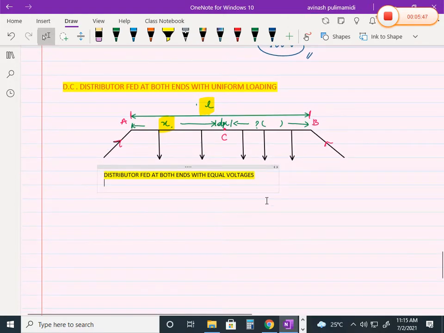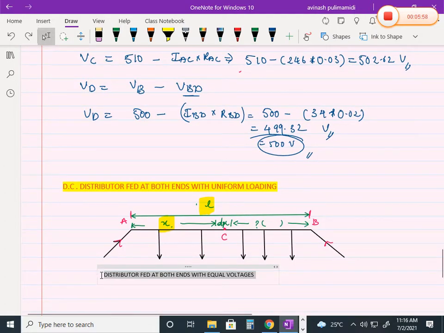Distributor fed at both ends with equal voltages. So this is the figure here.